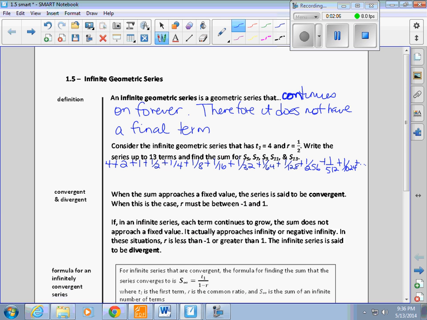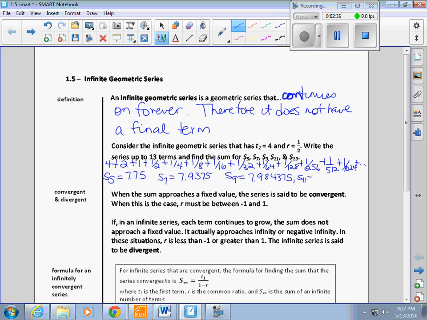So if I add these up, and you can just do this on your calculator, the sum of the first 5 terms is 7.75. If I went to the sum of the first 7 terms, so I'm adding on the next 2 after that, it equals 7.9375. Sum of the first 9 terms is 7.984375.